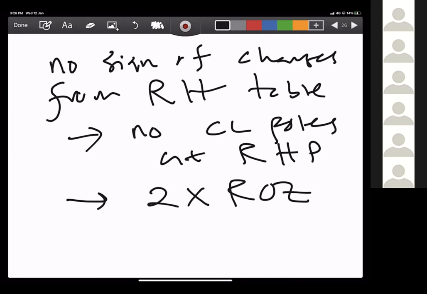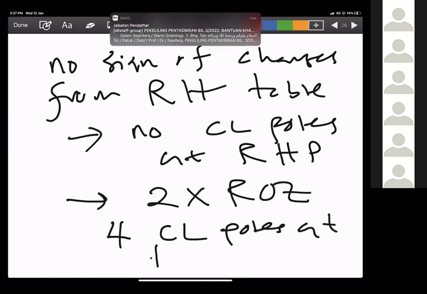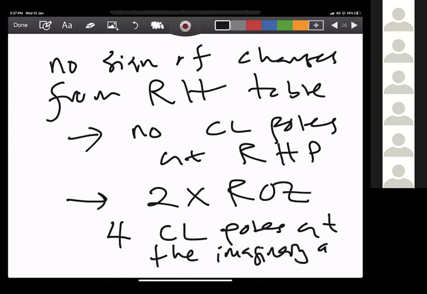Soleh, tolong ni. 2 times row of zeros, meaning that 4 closed loop poles at the imaginary axis.